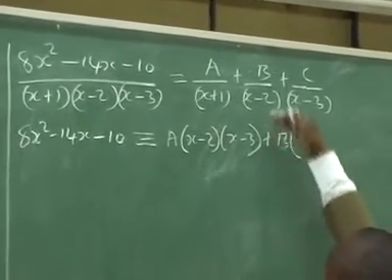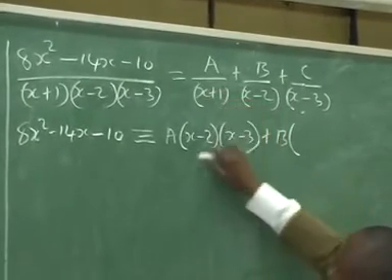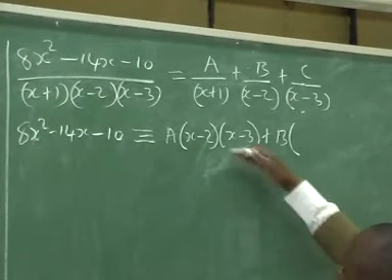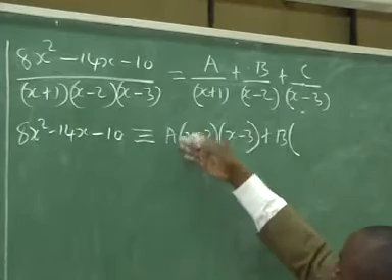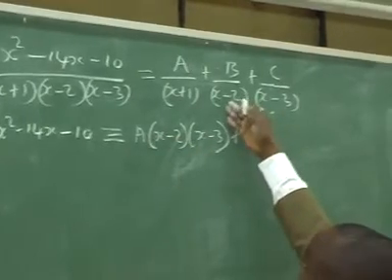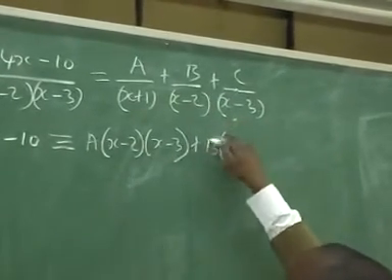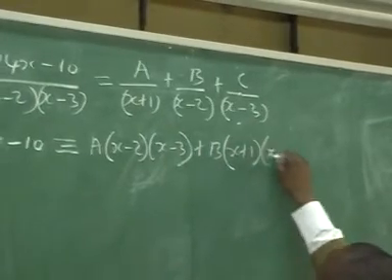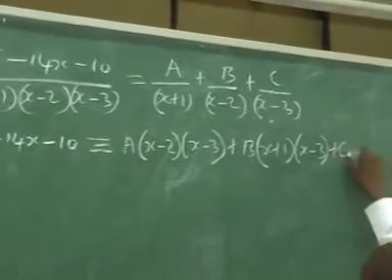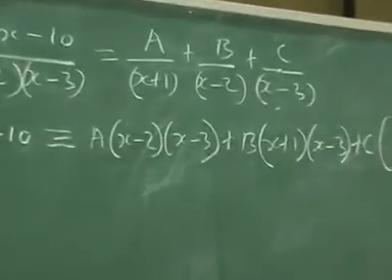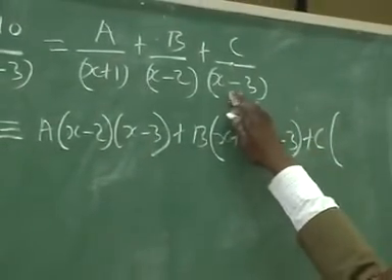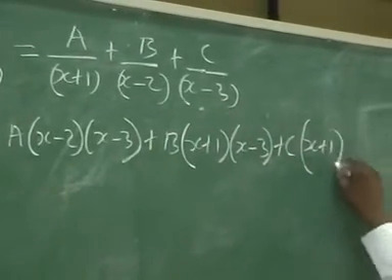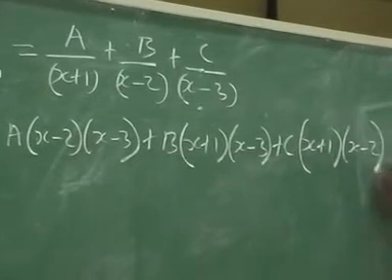If I take this LCM, this one will cancel the LCM, so it remains only this, and I times it by A. The same thing will happen here. This one will not follow. So if I'm talking about B, then I will have this and this: x plus 1, x minus 3, plus C. Now that I'm talking about C, the denominator of C will not be there. So I have x plus 1 and then x minus 2.